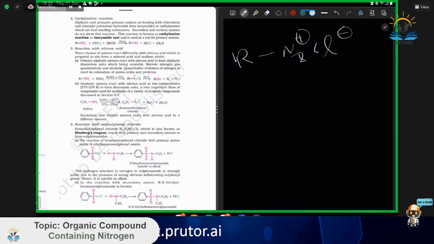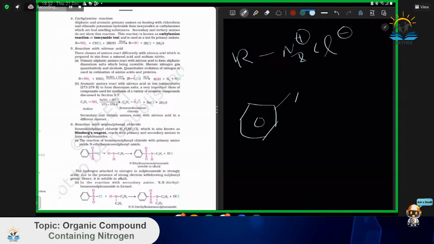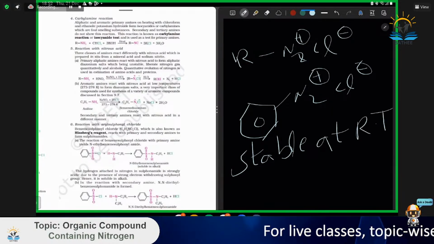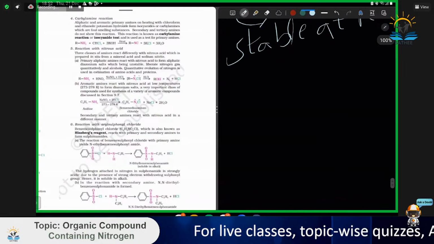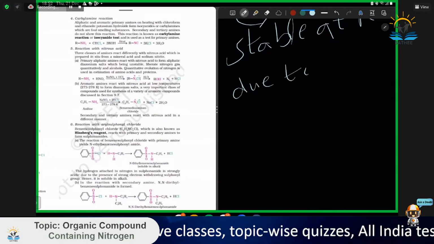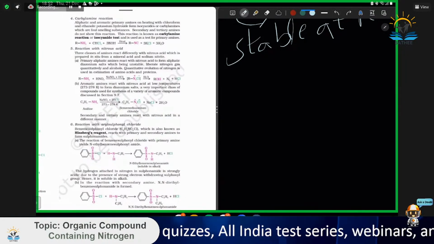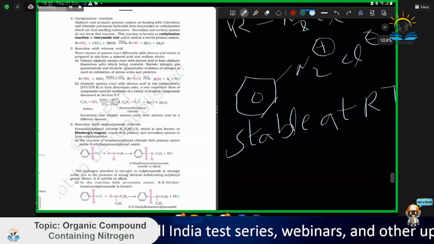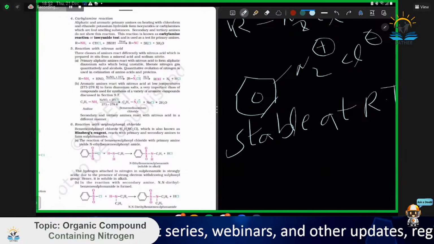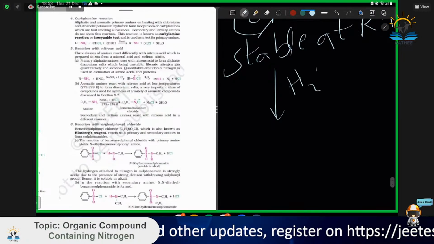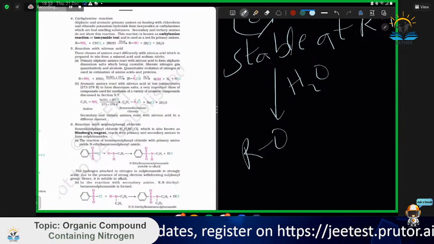Because this is benzene, it is stable at room temperature, due to this conjugation process. When you react this thing with water, it breaks down.